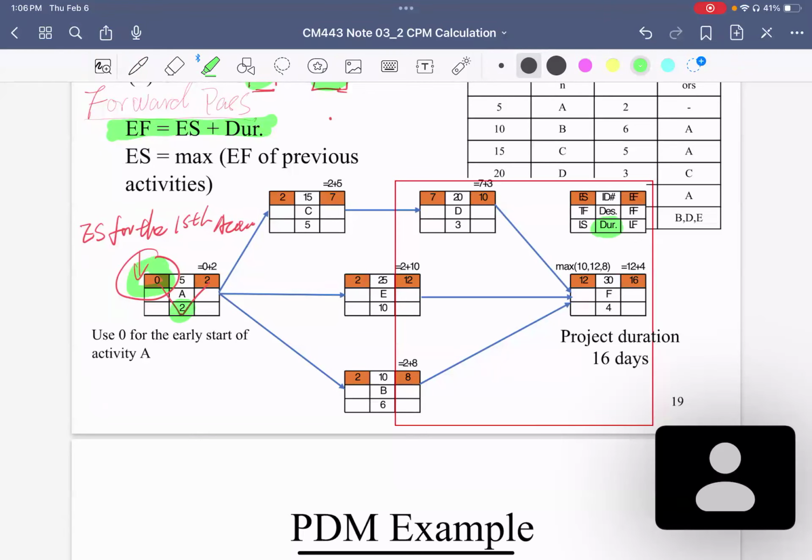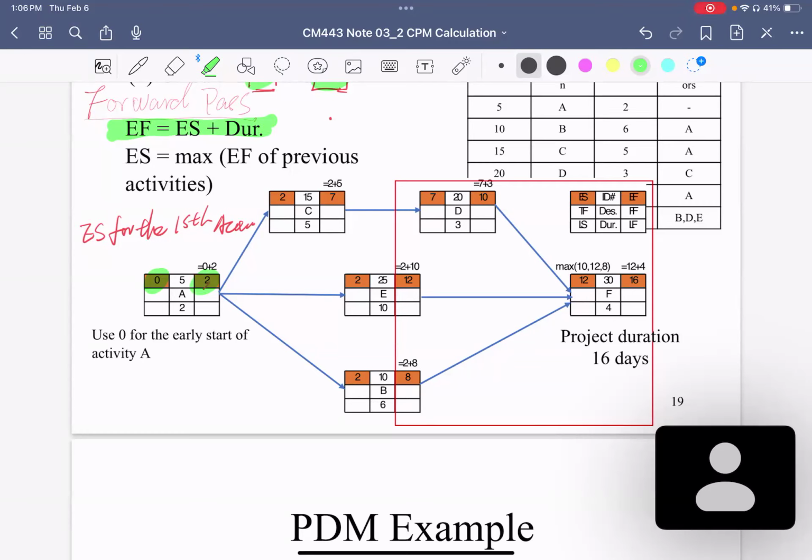It's very important to put a legend in each of your diagrams when you're doing the calculations. It will give you the information you're going to use. So that is why we have 0 here and 2 here.